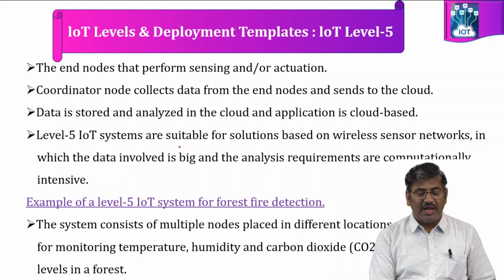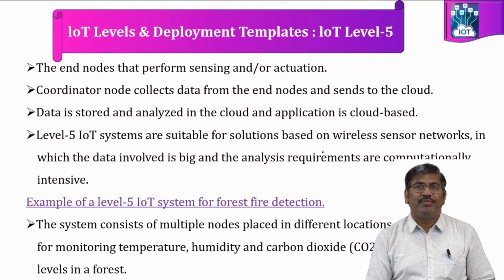Level 5 IoT systems are suitable for solutions based on wireless sensor networks, in which the data involved is big and the analysis requirements are computationally intensive. An example of a level 5 system is forest fire detection.